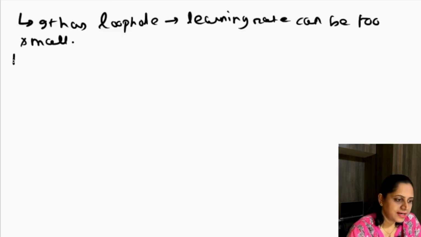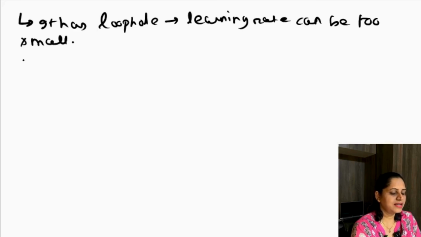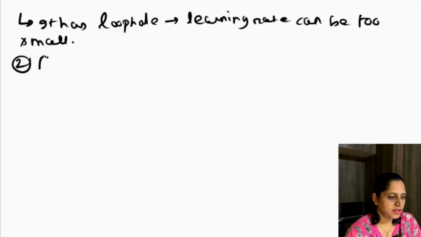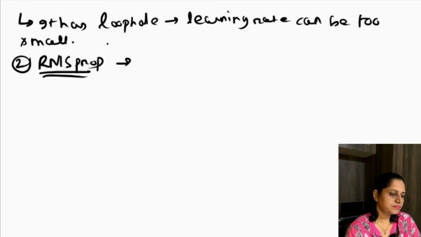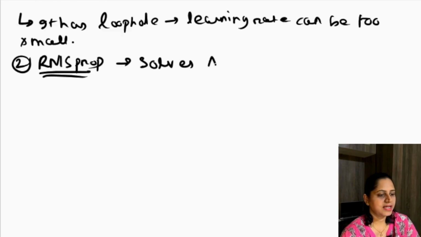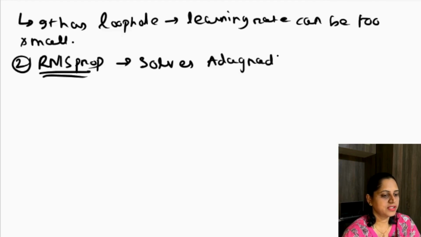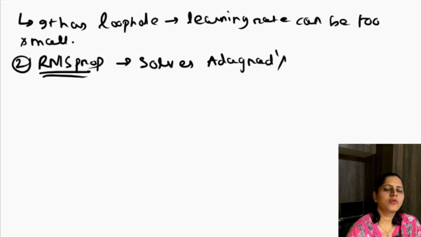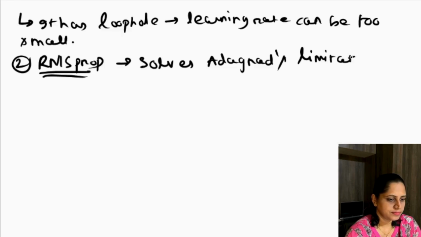To handle that, we have another type, which is nothing but RMSprop. You must have heard about this already. It solves Adagrad's limitation. We have a limitation there: even though it is doing good work, it lacks in the learning rate, which can become a very small number. And how is it handling that limitation?